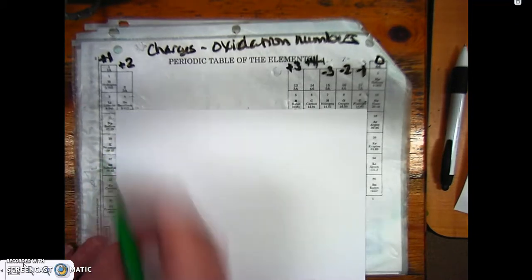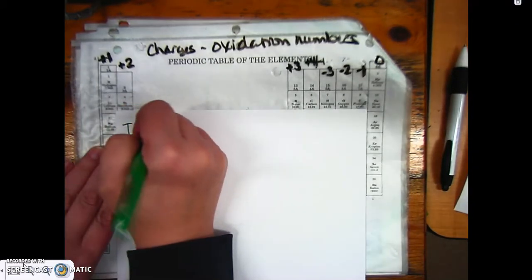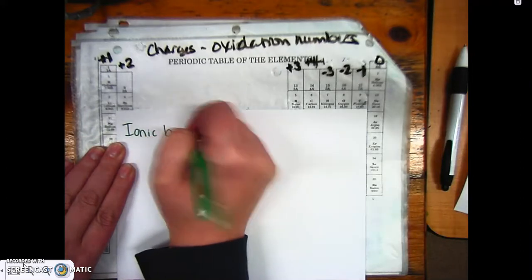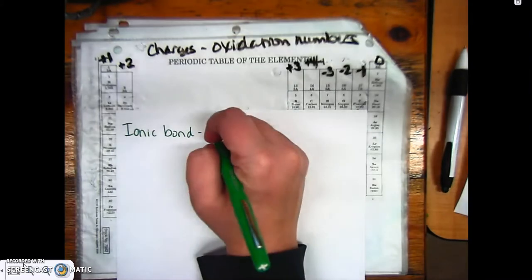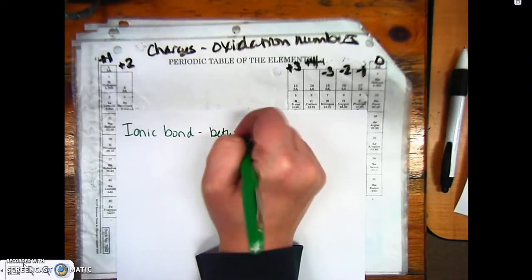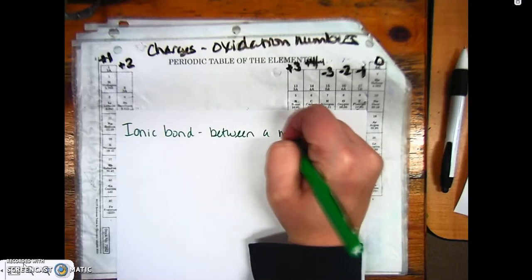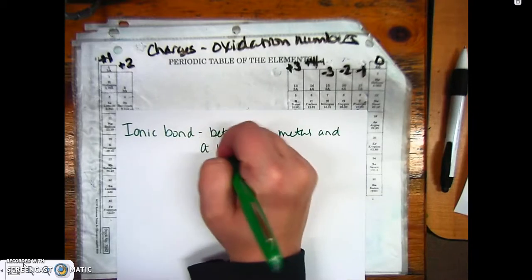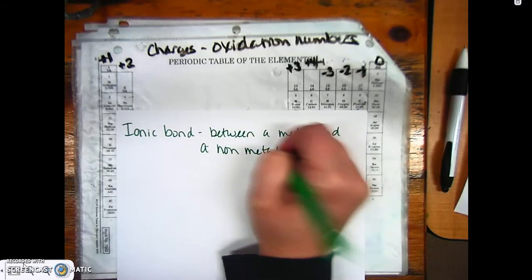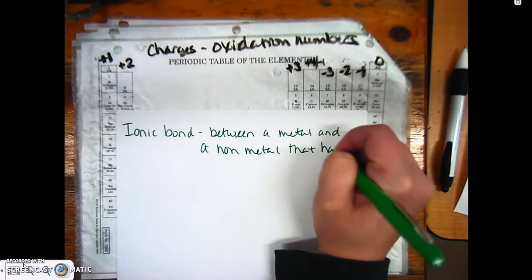So an ionic bond is a bond between a metal and a nonmetal that have exchanged electrons.